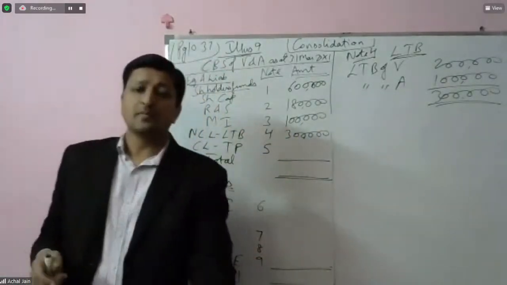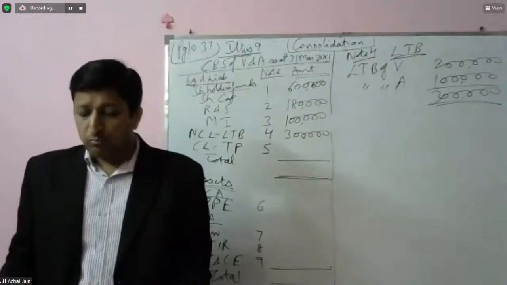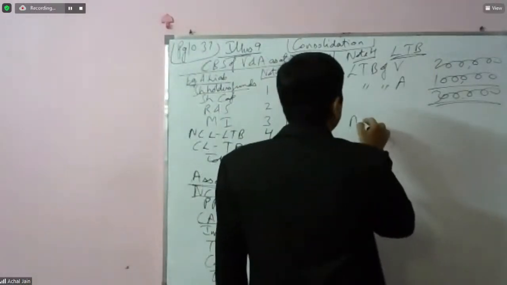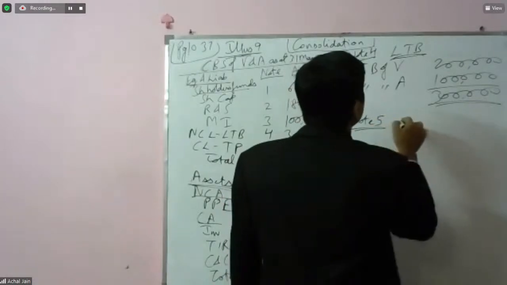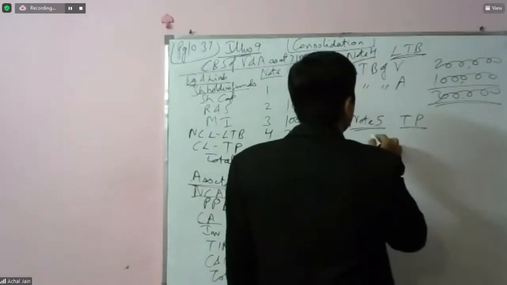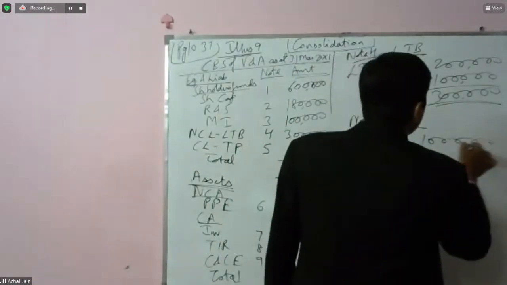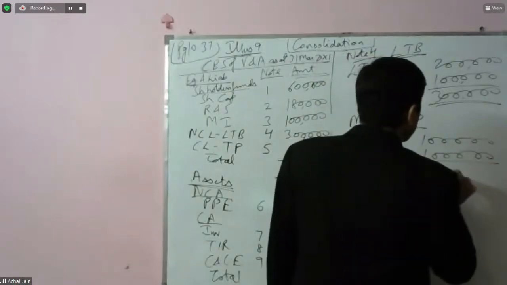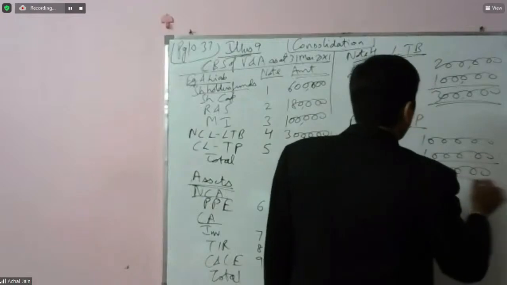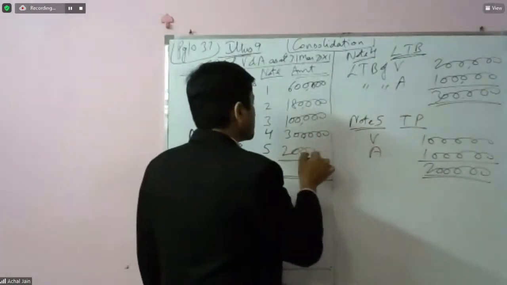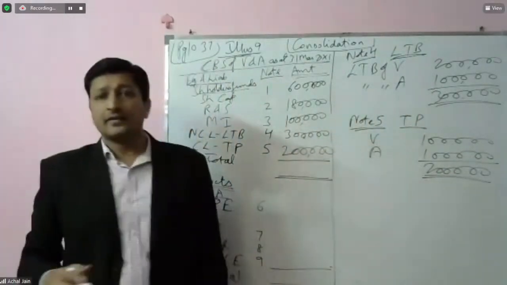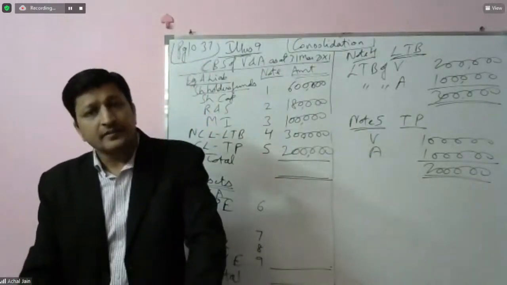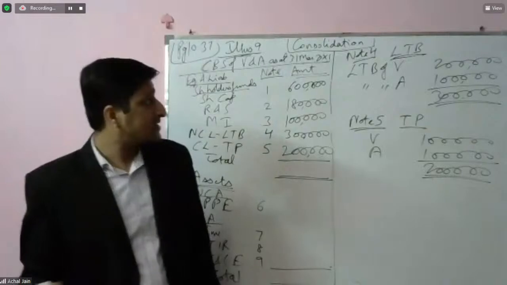Then we have trade payables. Both of them have trade payables, so 1 lakh each. Note number 5, trade payables. B, 1 lakh. A, 1 lakh. So this is 2 lakh. Okay, next.